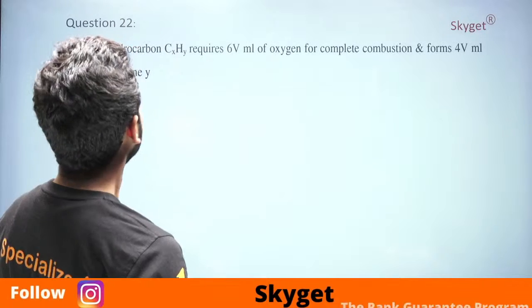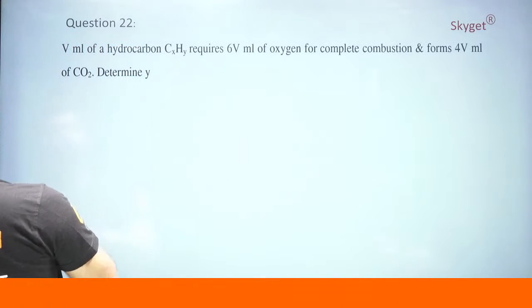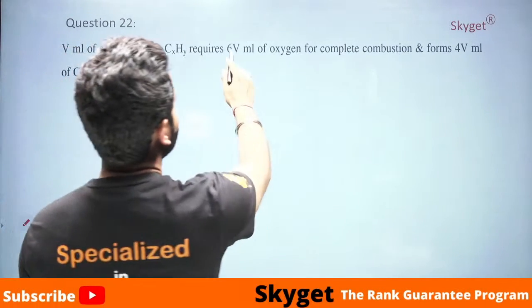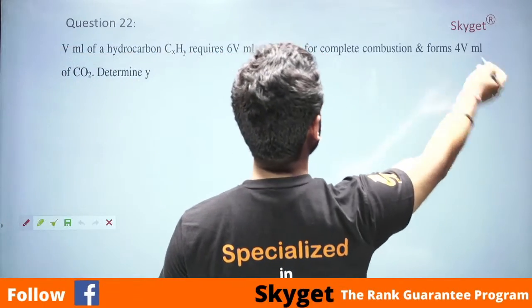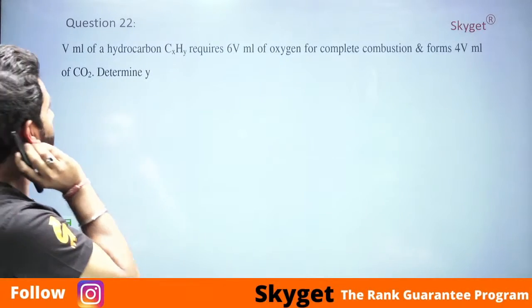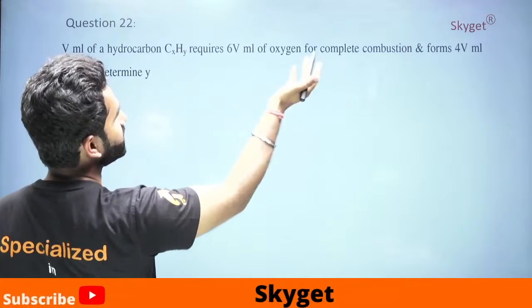Okay, let's go. Now, the next question says V ml of hydrocarbon C6H5 requires 6V volume of oxygen for complete combustion and forms 4V ml of CO2. Determine Y. Okay, we need to write the equation of combustion. How?